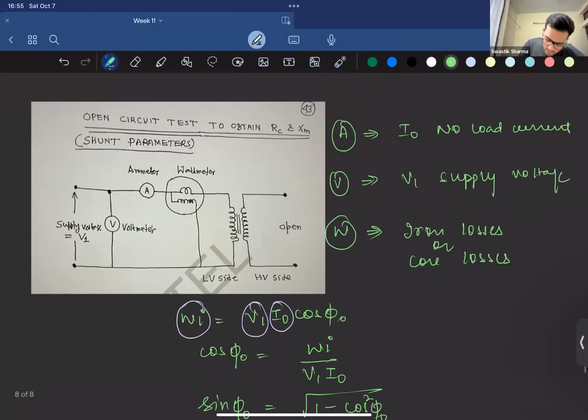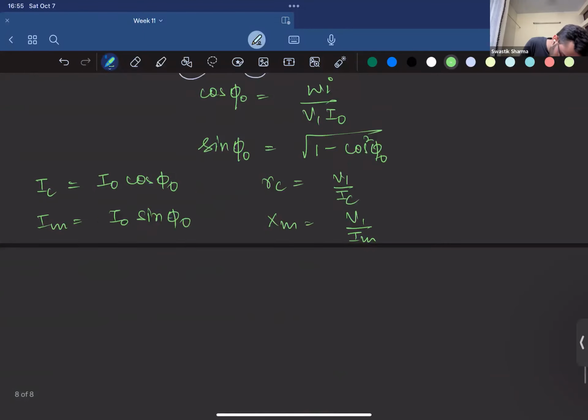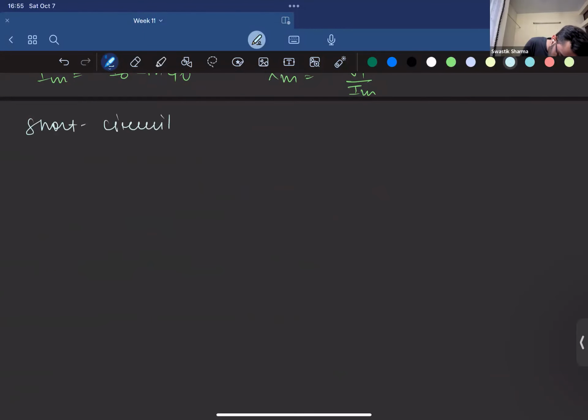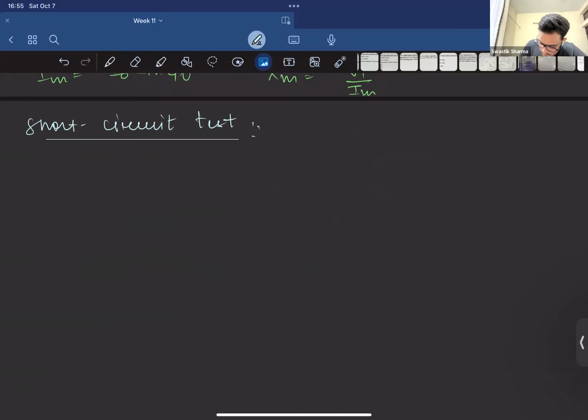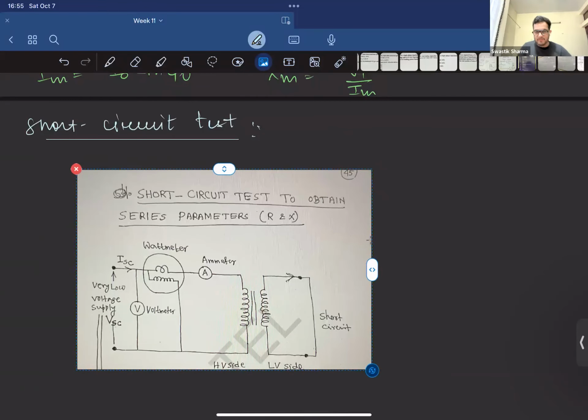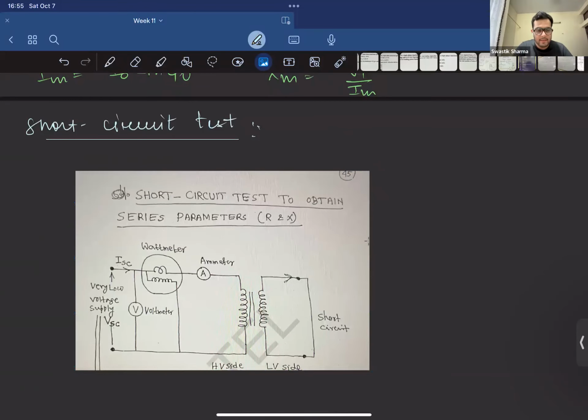There's one more test which is called the short circuit test. This short circuit test is used to determine the series parameters of the transformer, right?